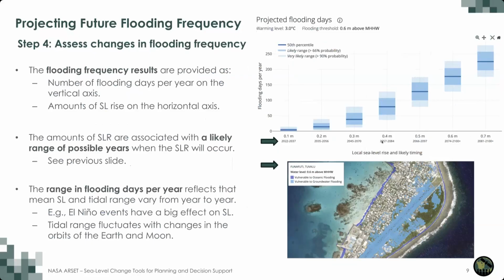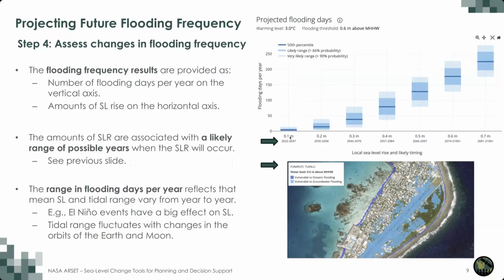That's what I was just talking about in that last slide with the shading, the range of years. So for this threshold of 0.6 meters, we expect somewhere in this range of 2022 to 2037. It's pretty recent, so kind of the now time frame.